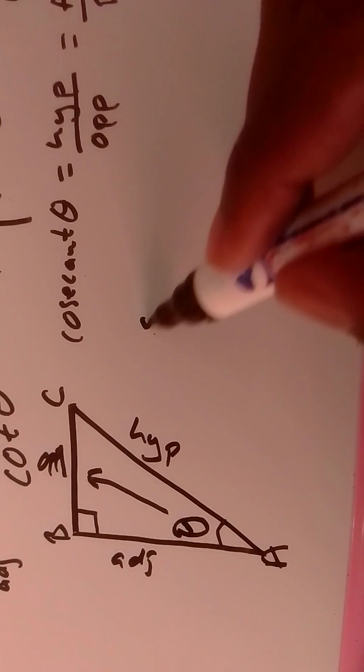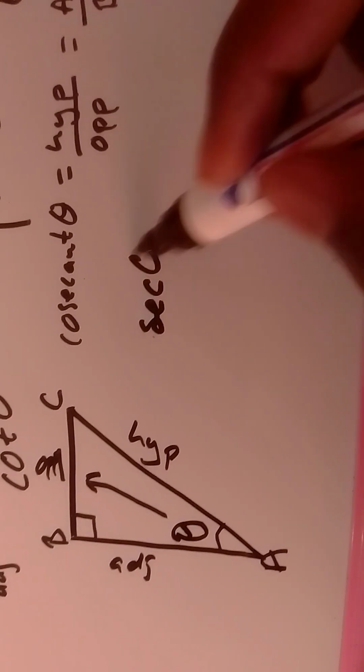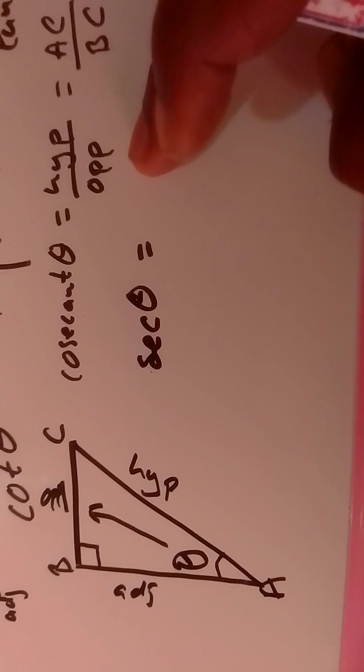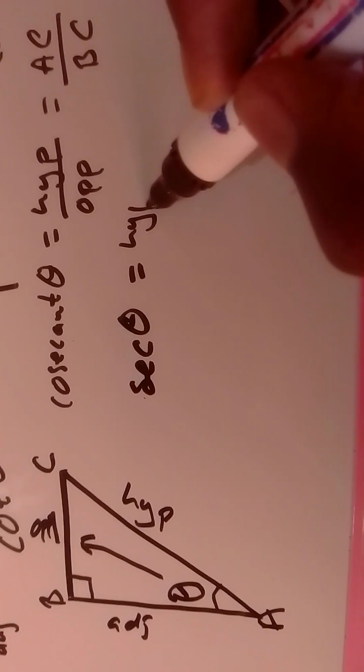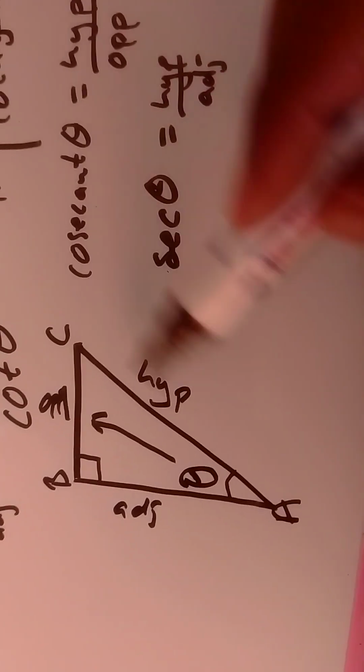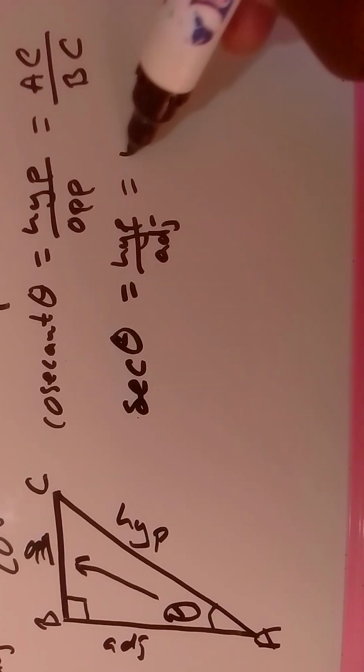Then we go to secant. Sec theta is equal to, remember, it's no longer adjacent over hypotenuse, it's now hypotenuse over adjacent. So where's my hypotenuse? This is line AC over the adjacent, which is line AB.